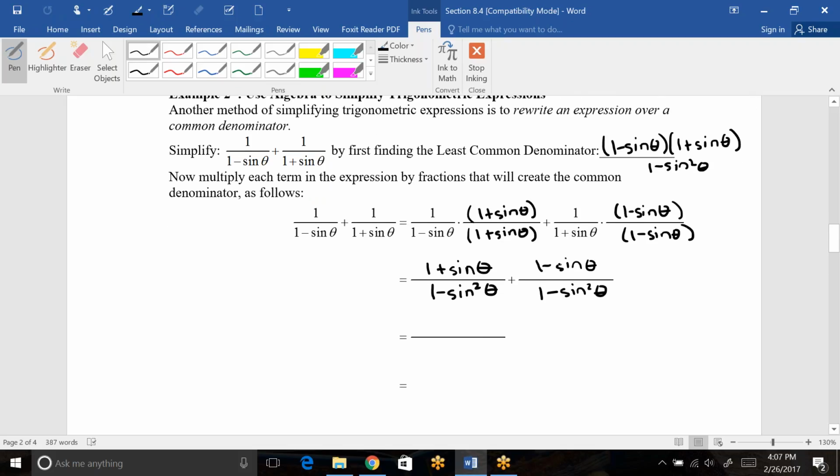Okay, and then if we add across the top, 1 plus 1 is 2. And we still have our common denominator because the sine theta and the negative sine theta cancel each other out. And if we wanted to go even further, we could use the Pythagorean identity again to realize that that is cosine squared theta. So that is one place where we could stop.